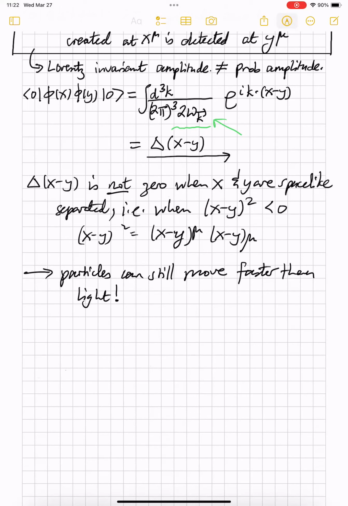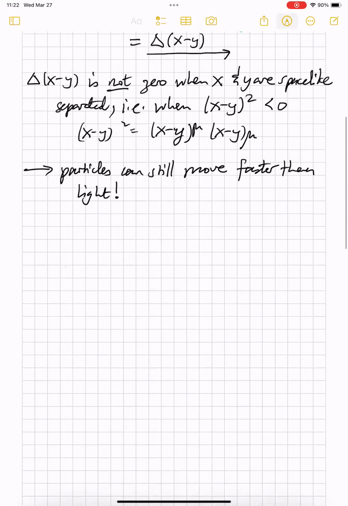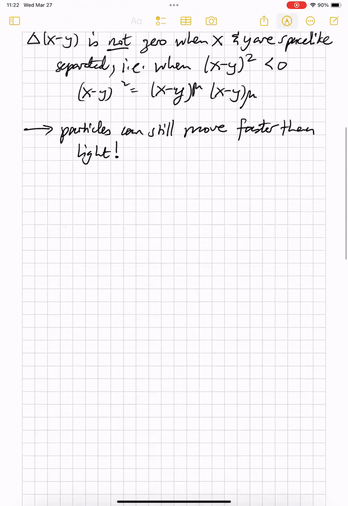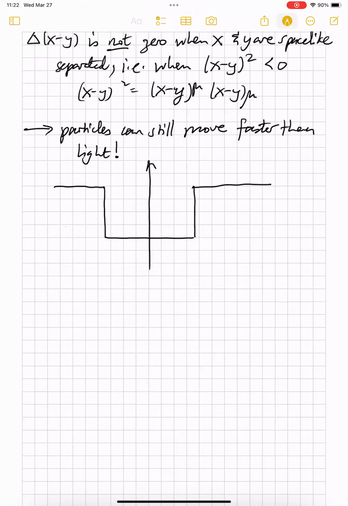Now, before we do that, I just want to talk a little bit more about delta of x minus y. And what I want to do is remind you of something that I think you will know from quantum mechanics. So imagine that we were studying quantum mechanics for a particle in a potential like this.